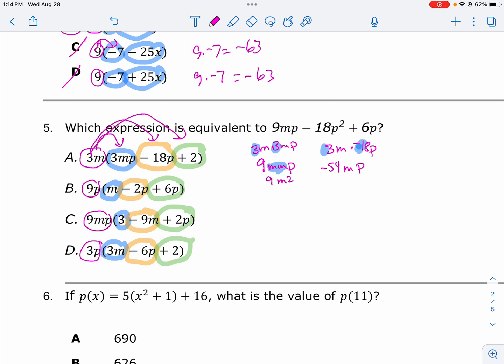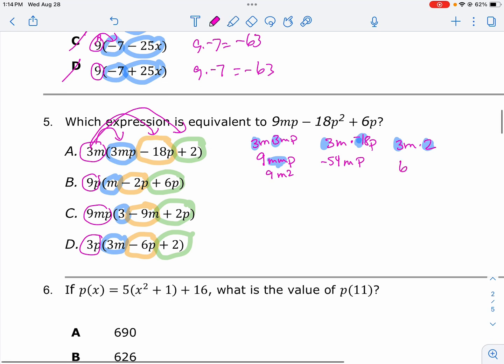And then I have 3M times 2, which really you're multiplying 3 times 2, which is 6, and then you have an M, okay? Now, that whole thing would be 9M squared minus 54MP plus 6M does not match in any way, okay?